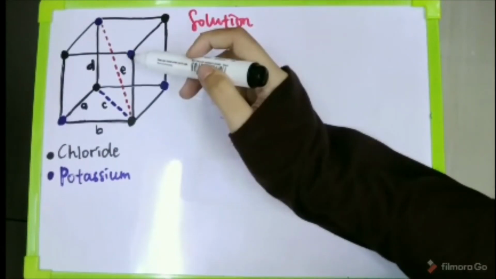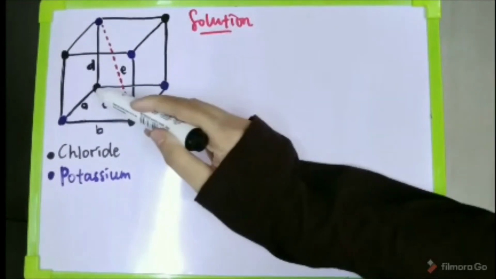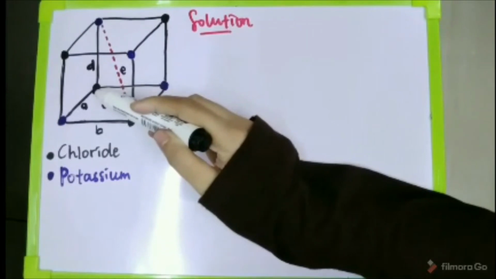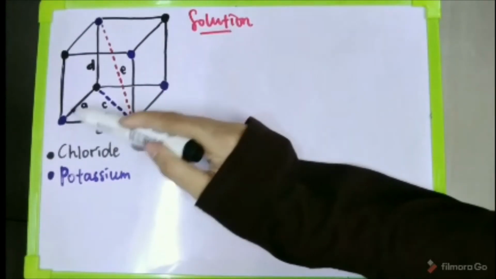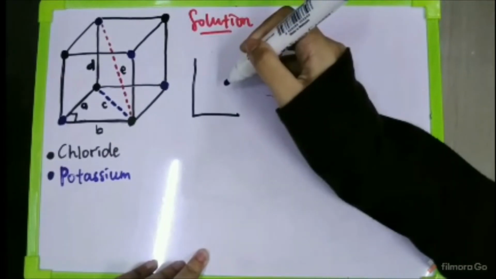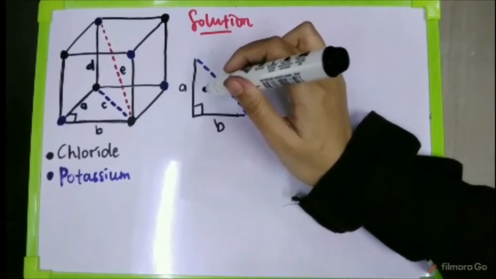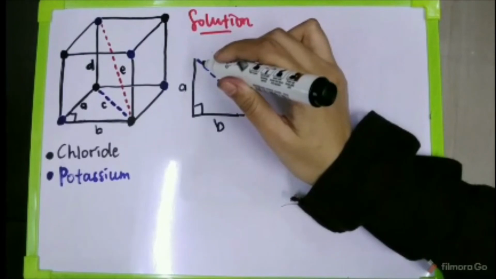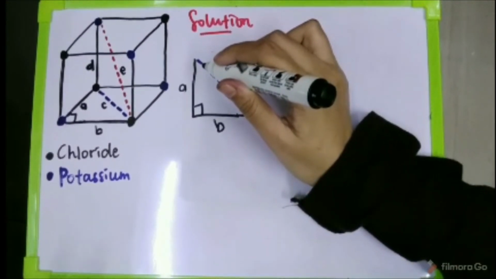We need to consider the triangle from the cube lattice above with lengths A, B and C. This is a right angle triangle that contains lengths A, B and C, so we can apply Pythagoras theorem. From the question, we know that the distance between adjacent chloride and potassium ions is 321 pm.